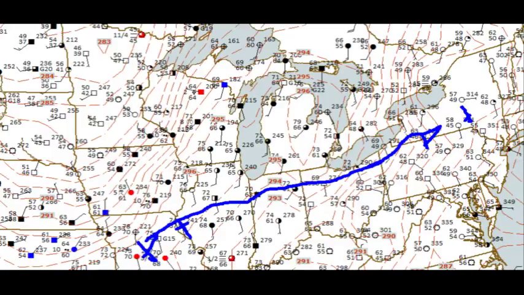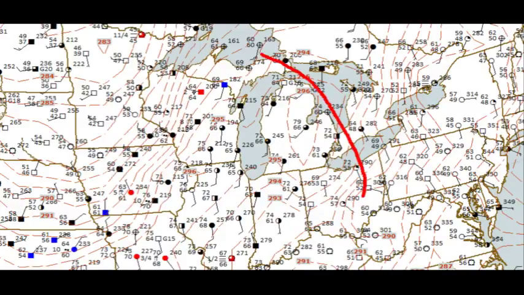So the definition of the warm front is where we first encounter the change in temperature from warm to cold. So we're going to put that probably something like that right there. That looks to be the position of the warm front this evening. And then up to the north, it comes down as a cold front like this. And then further north, we've probably got an occlusion up into western Ontario there.